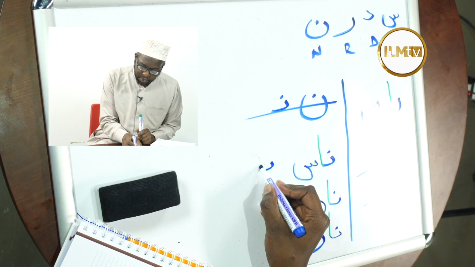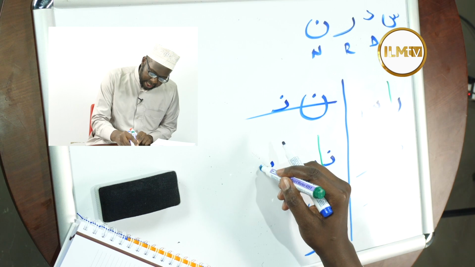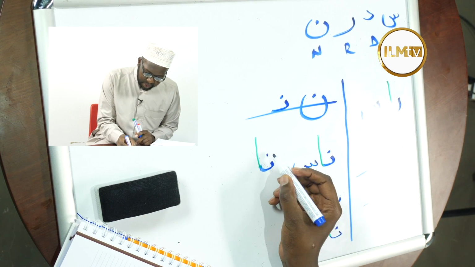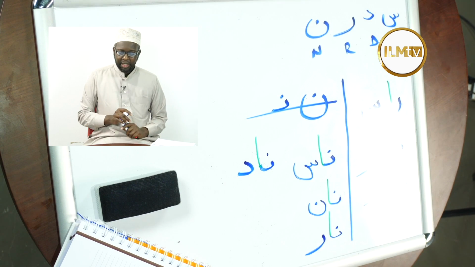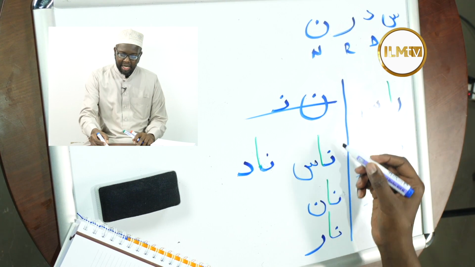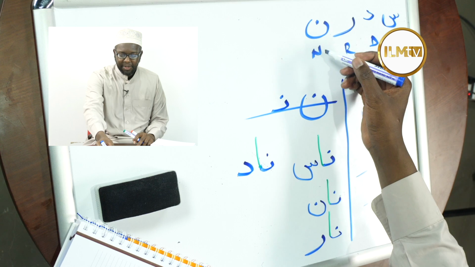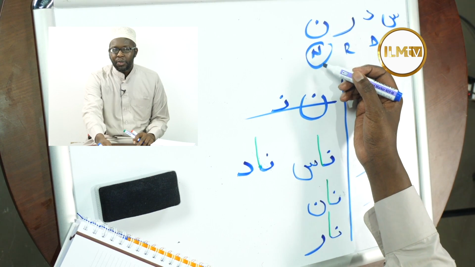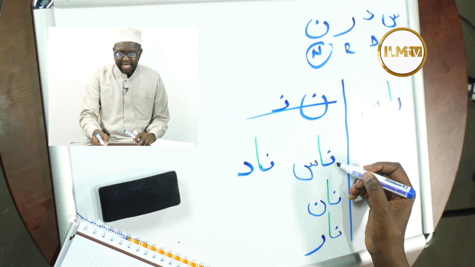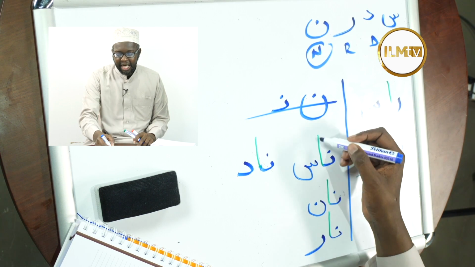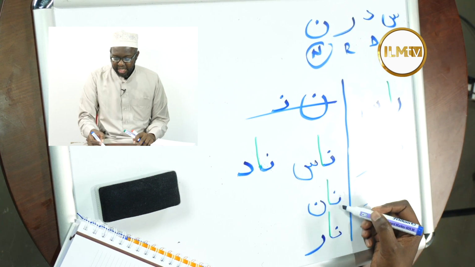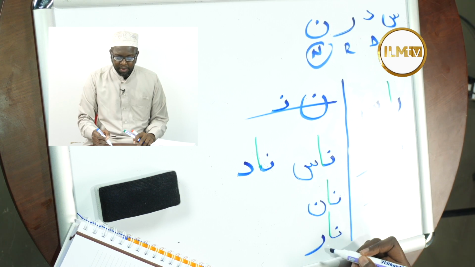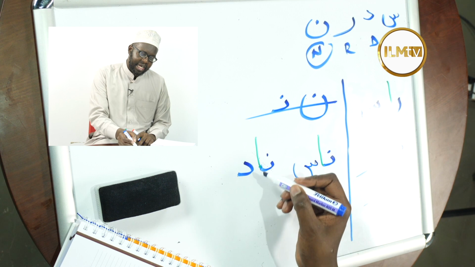We can also do another one here, the final one, Nad. So we can see the N sound, like the English N, like Na, Ne, Ni, No, Nu. So we have N, Na, Nas, Nan, Nar, Nad.